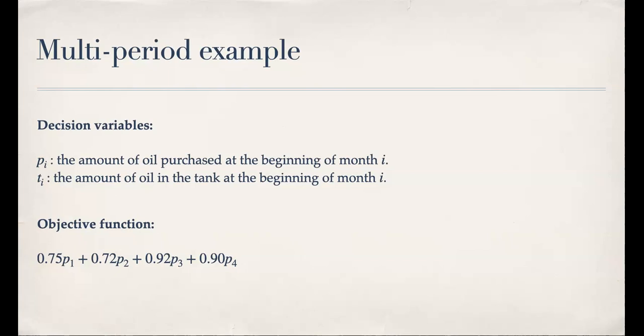The objective function is straightforward because we want to minimize cost. So the cost for 1 liter of oil purchased at the beginning of the first month is 0.75, right? And we're going to purchase P1. So the cost is 0.75 times P1, okay? And the second one, 0.72, which is the cost for the second month, times the amount of oil we purchase, P2, right?